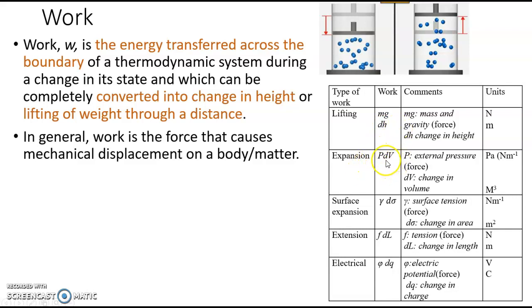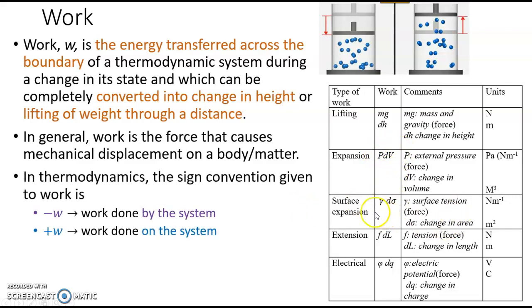Expansion work, pressure forcing a gas to expand in a certain volume. And we have the surface expansion one, that's the surface tension, which is the force causing a change in area. Then there's the tension causing a change in length, that's extension work. And electrical work, that's electric potential causing a change in charge.